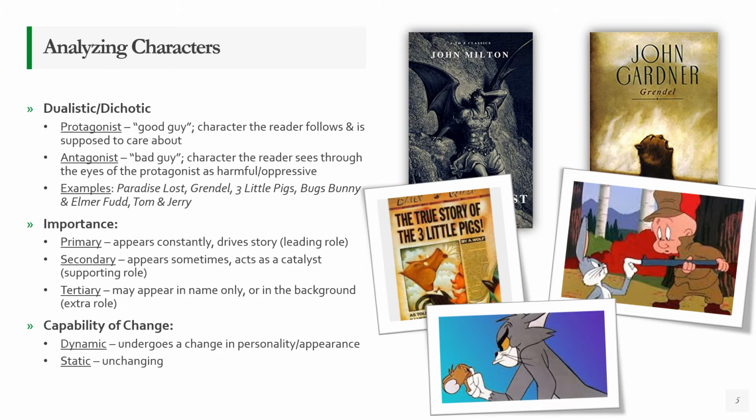It's someone who does not change at all. A secondary character or a tertiary character might be a static one. Even an antagonist might be a static one. It's someone who does not change at all from their first appearance to their last appearance. They remain the same for one reason or another. So anyway, characters are very complicated.